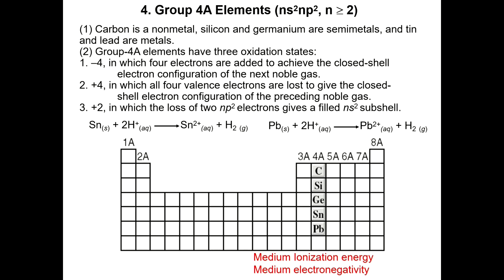So basically they can show a -4 charge. They may also show a +4 charge. And they can also lose just these 2 np2 electrons and form a +2 charge.